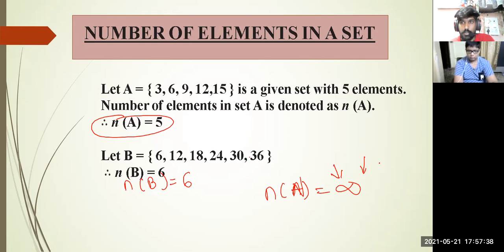We don't go to count in it. So in this concept, finding number of elements in a set, we will only work with finite sets, not infinite sets. But yes, this concept is there. You denote it with the sign infinity. In our next class, we'll do number of elements in union and intersection.